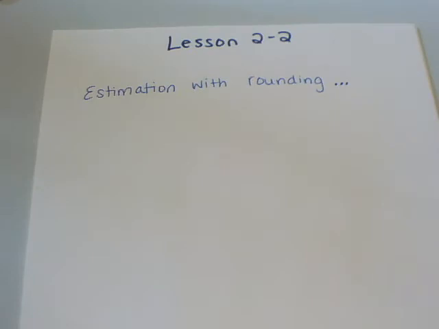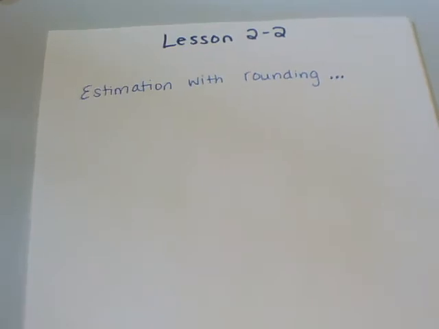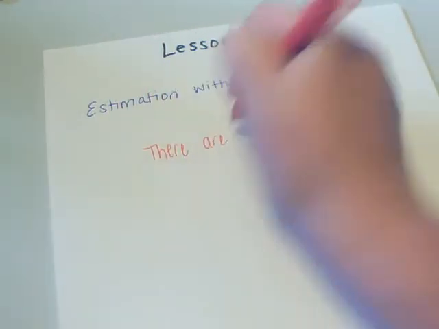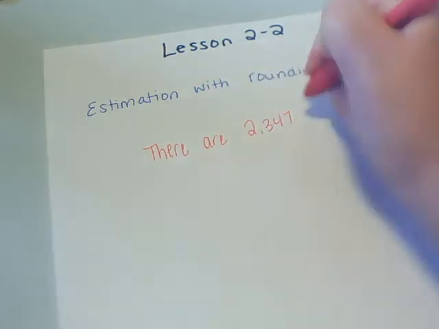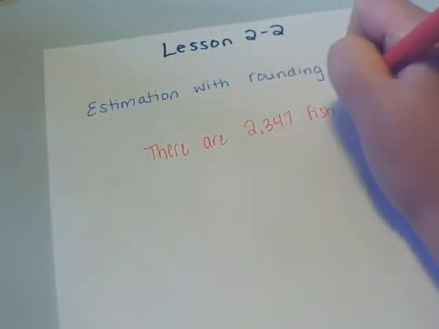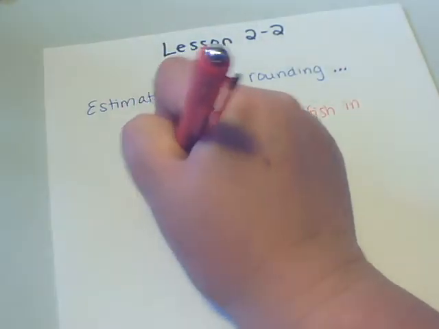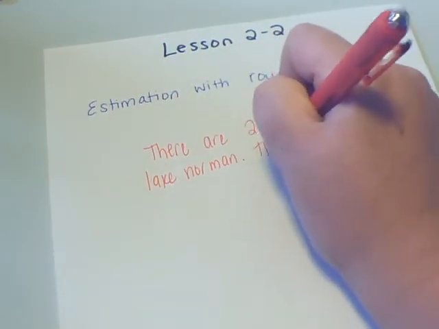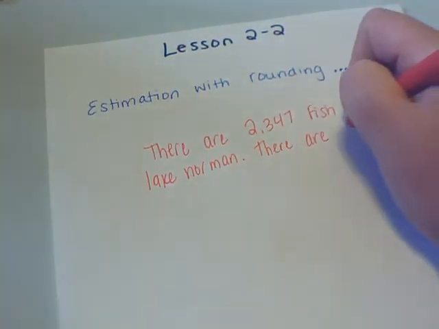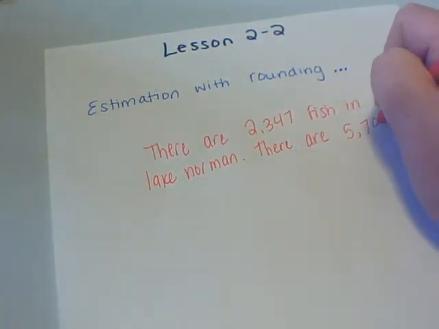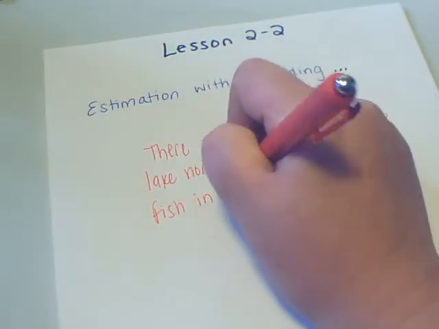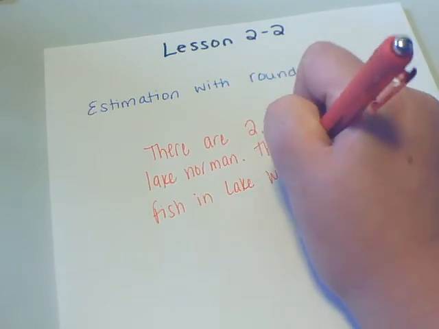And the last part, estimation with rounding, okay? So you may get some type of problem that says there are 2,347 fish in Lake Norman. There are 5,793 fish in Lake Wylie.